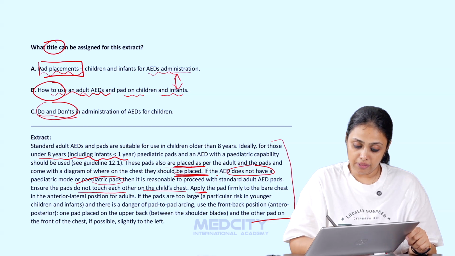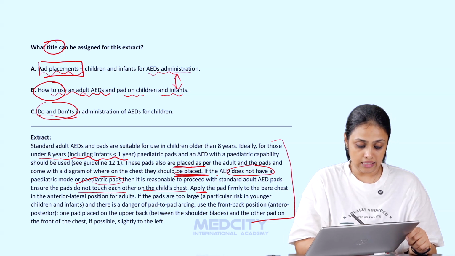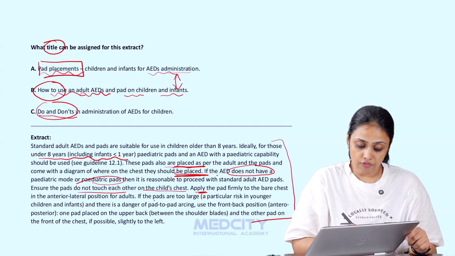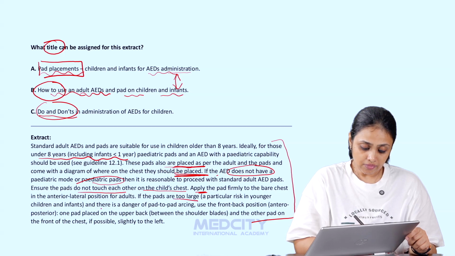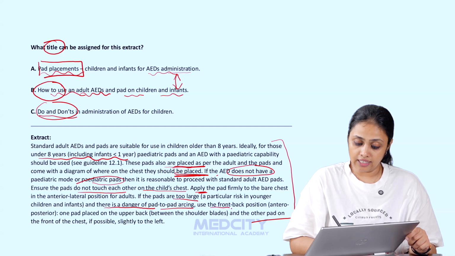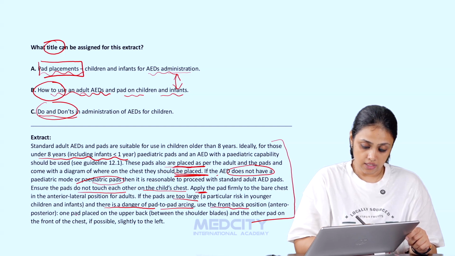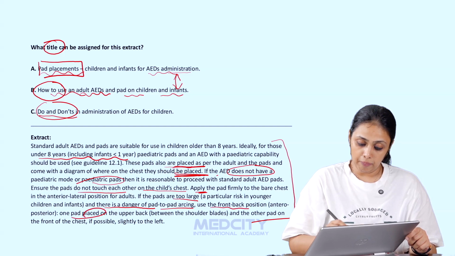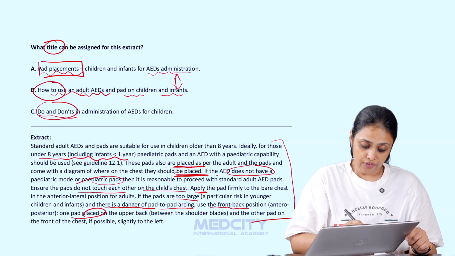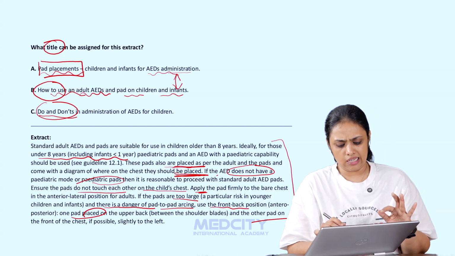Apply the pad firmly to the bare chest in the anterior lateral position for the adults. If the pads are too large, then there is a danger of pad to pad arcing. In that case, use the front and back, one pad placed on the upper back and the other pad on the front of the chest, if possible slightly to the left.